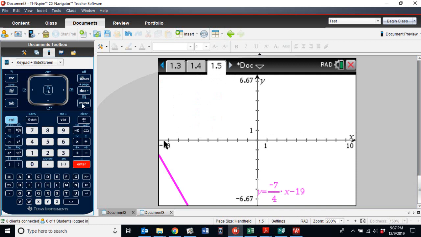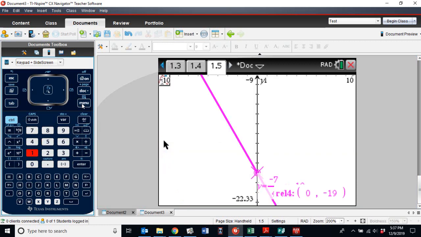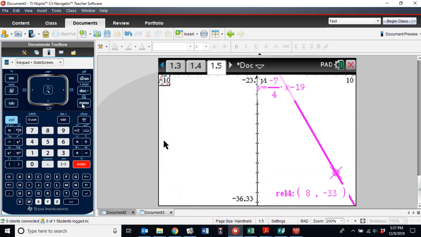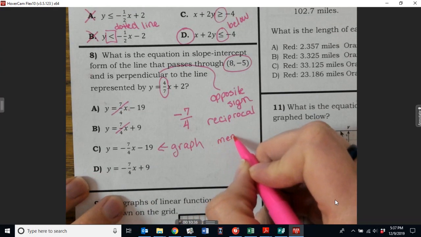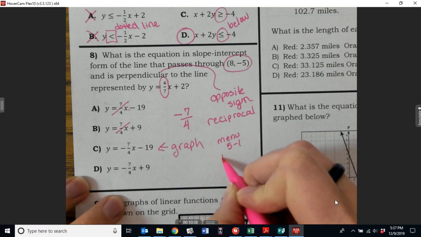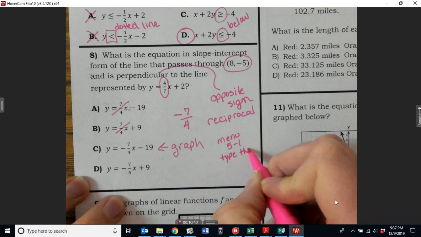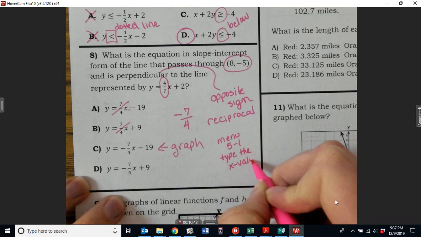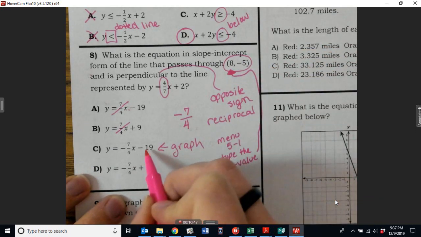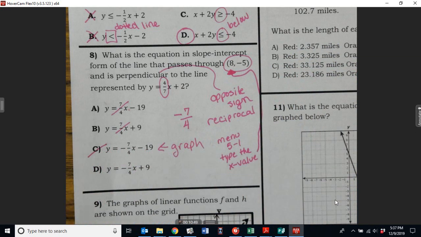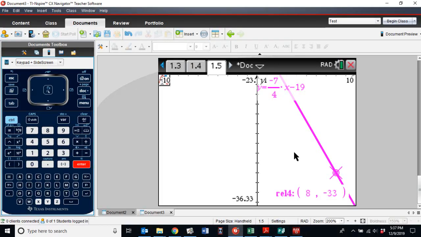And remember, you press menu 5-1, and if you type in 8 and press enter, it would tell you the answer, which is -33. So we graph it, and then we do menu 5-1, type the x value, which is 8. And this one gives me -33, so that's not my answer.